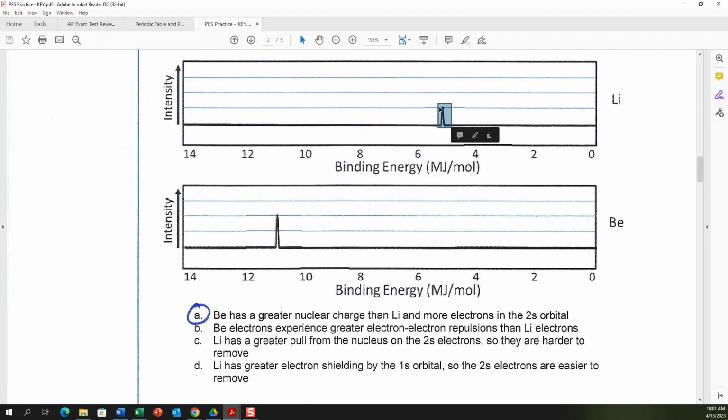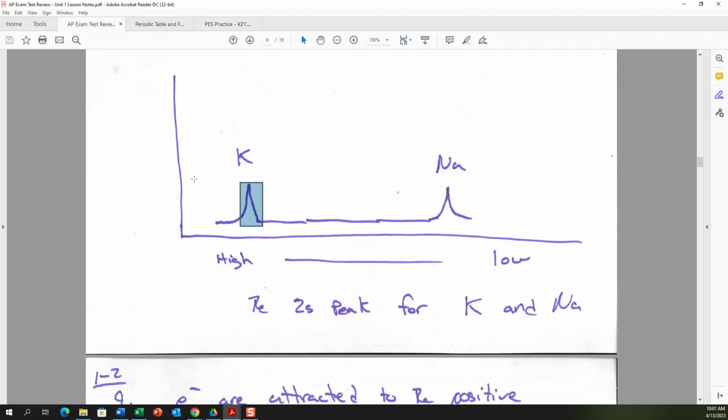Well, because lithium's 2s peak is 2s1, where beryllium's 2s2. Okay, but why does lithium's 2s electron have a lower binding energy than beryllium? Well, beryllium has one more proton in the nucleus, so these electrons are going to be more attracted to the nucleus, right? So those types of questions will come up.